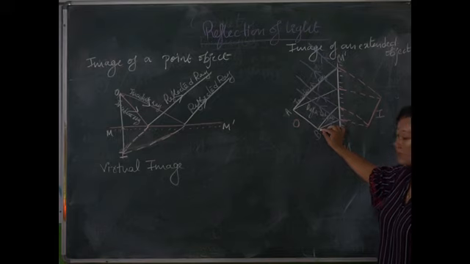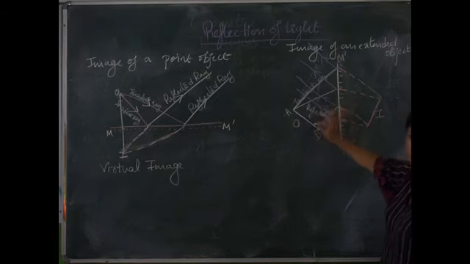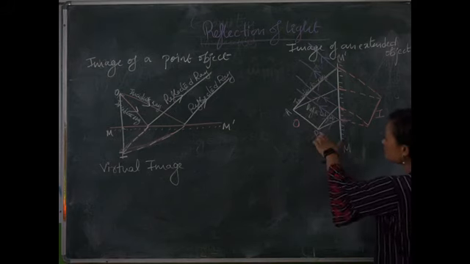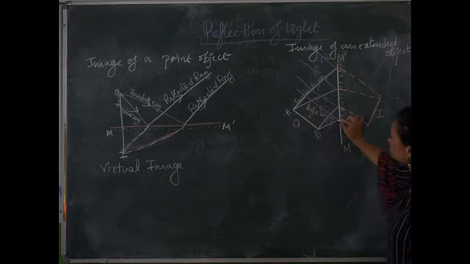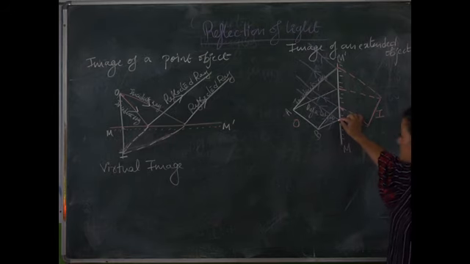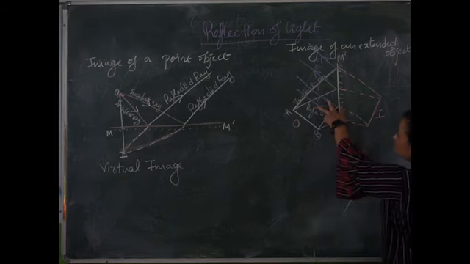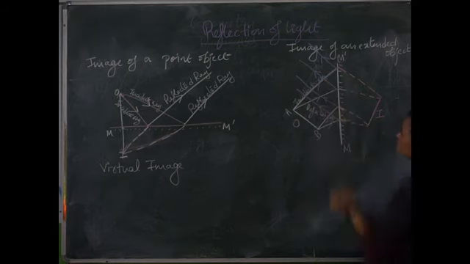There will be multiple rays which come from different points of this object A and B. We're just showing the simple ones. From the point B, again there will be incident rays which strike the mirror and then reflect back. You can see these reflected rays, all the purple ones.